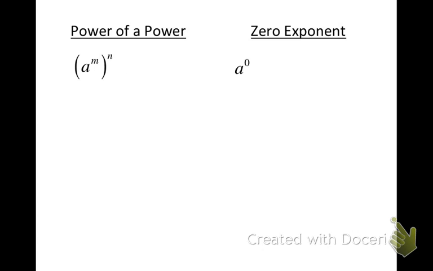Now how do you simplify an expression when you're raising a power to a power? Turns out that you multiply the exponents when you do that. So we would make that a to the m times n power, which is easily illustrated if I took something like 2 to the 2nd power to the 3rd power. Well, of course, if you raise something to the 3rd power, it means you would multiply that value by itself 3 times.